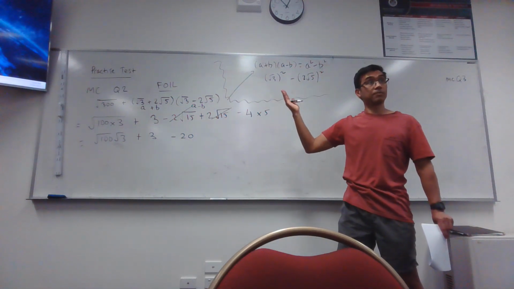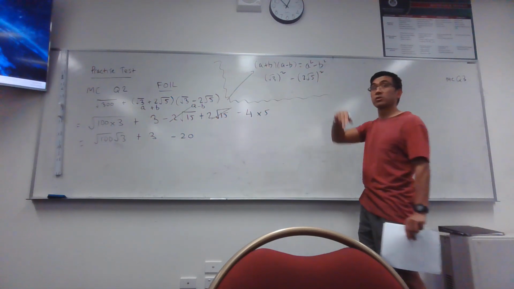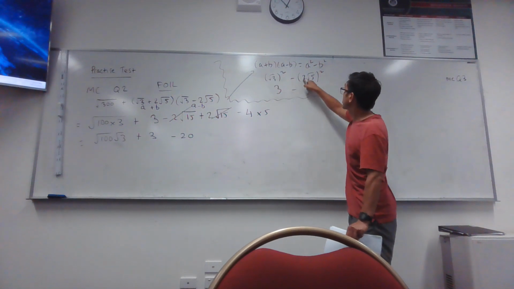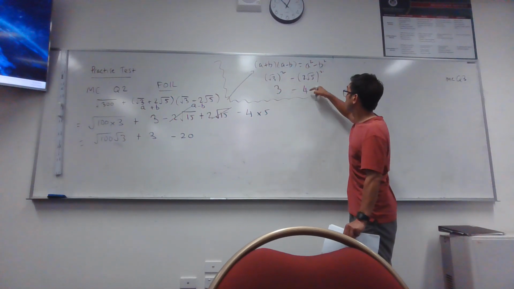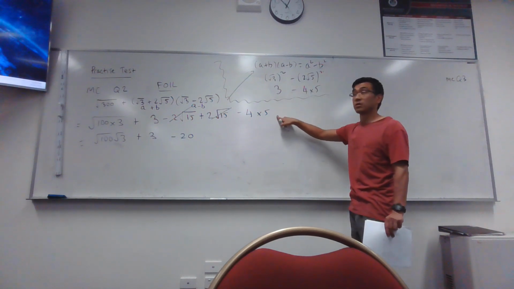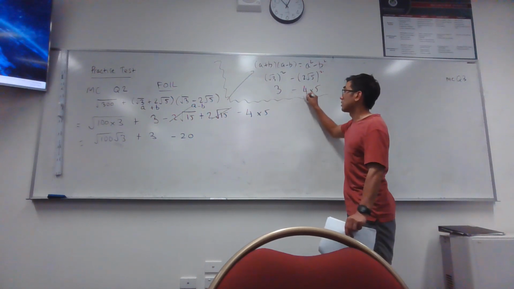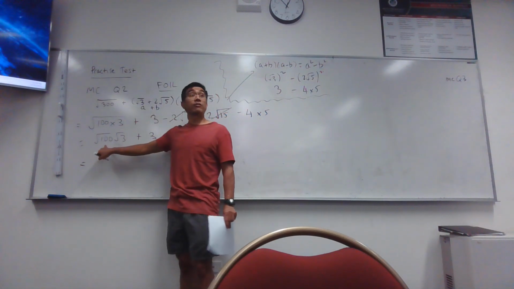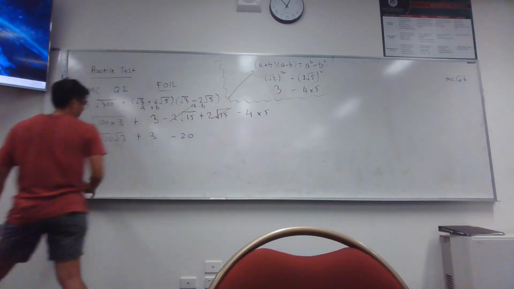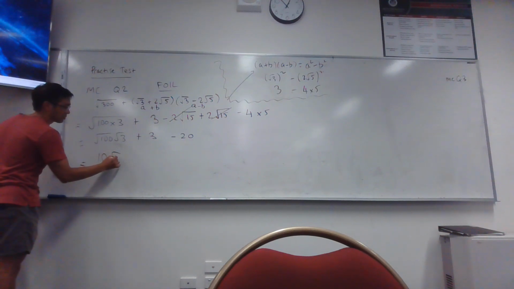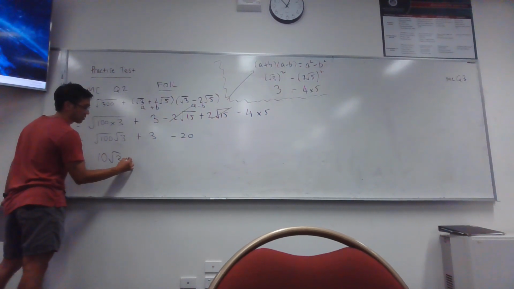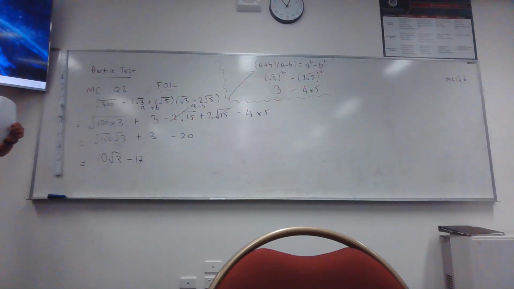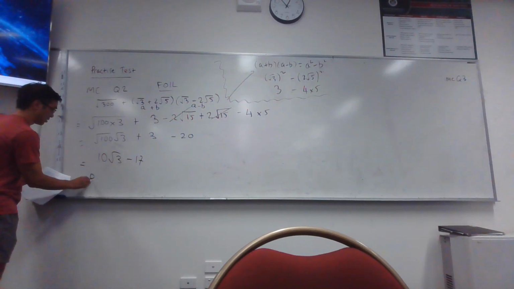Root 3 squared is 3, minus 2 squared, 4, times root 5. Same thing. Square root of 100, 10. 10 root 3, 3 take away 20. There's a minus 17. And we can see it's question B.